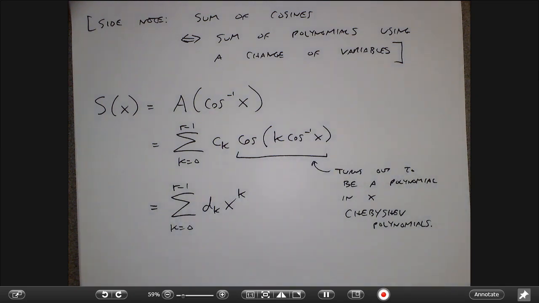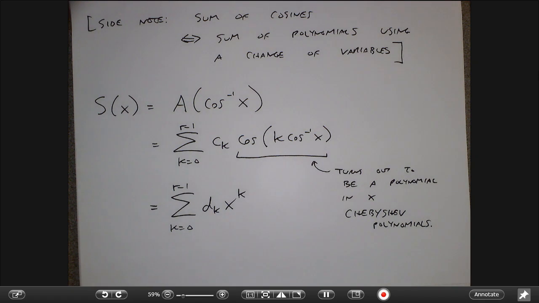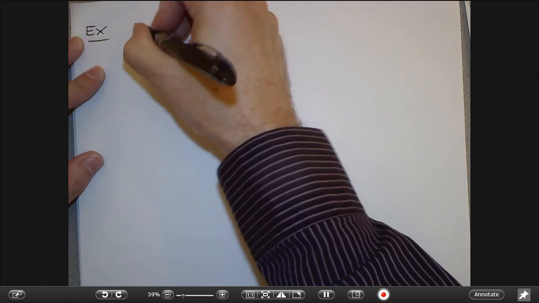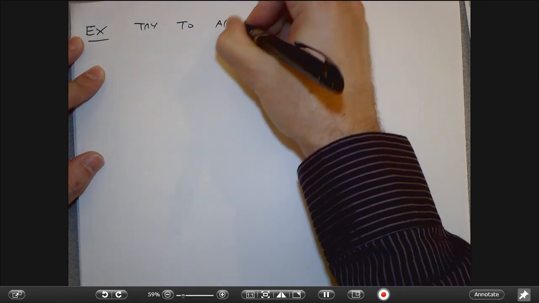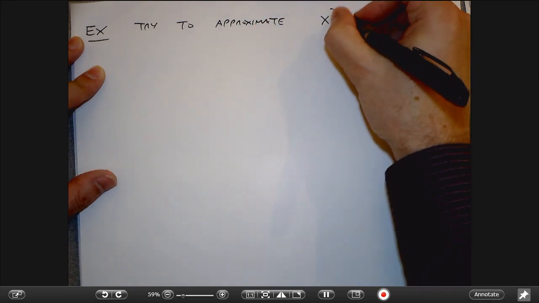So this is going to make it easier for me to actually solve a problem for you in class, because then I don't have to actually evaluate the cosines of some weird angles. I just have to evaluate the polynomial in a certain place. Okay, so here's the example. So let's try to approximate the function x squared.